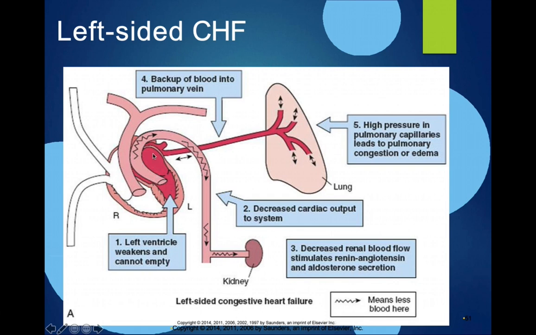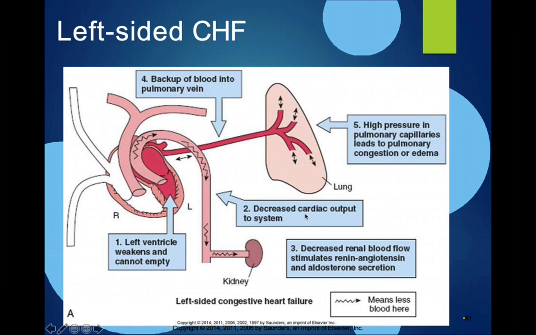You have the left ventricle that's weakened, and if the left ventricle is weak, it really can't force the blood from the left ventricle into the arch of the aorta, which will eventually pump blood out to all the parts of the body, including the kidneys. So you have decreased blood here.